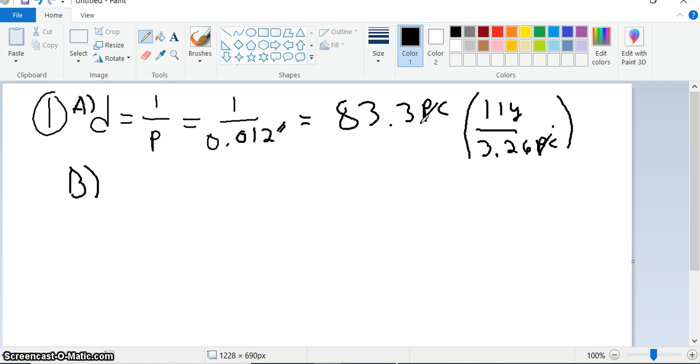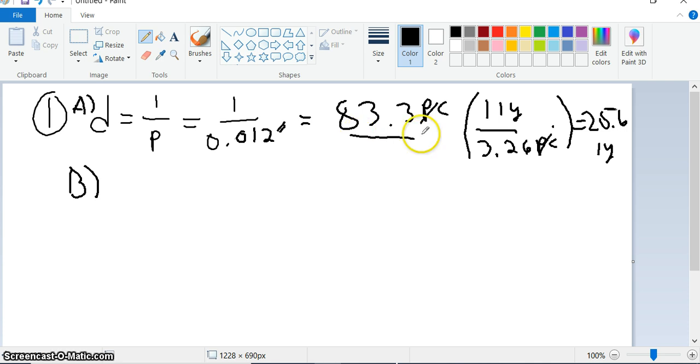Take 83.3 divided by 3.26. Let me get my calculator. So when I just did this, it turns out to be about 25.6 light years away. It doesn't ask us to do that. The answer is perfectly good if you leave it in parsecs.